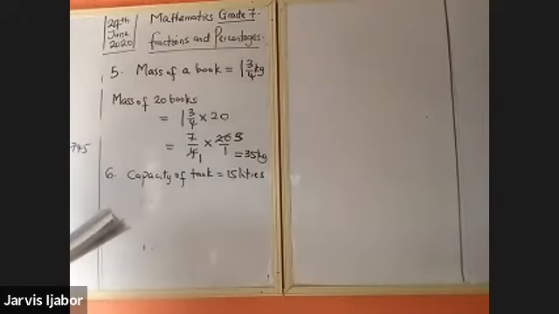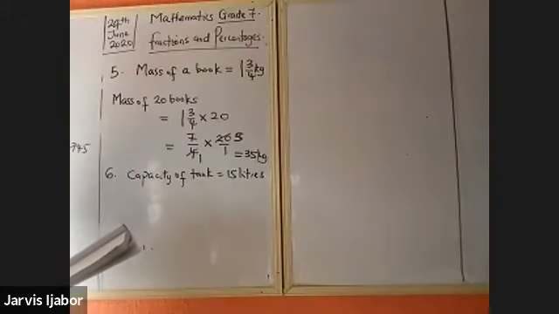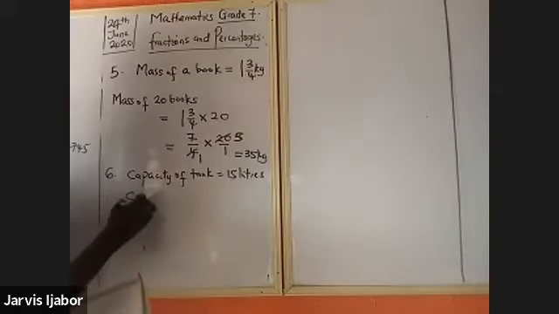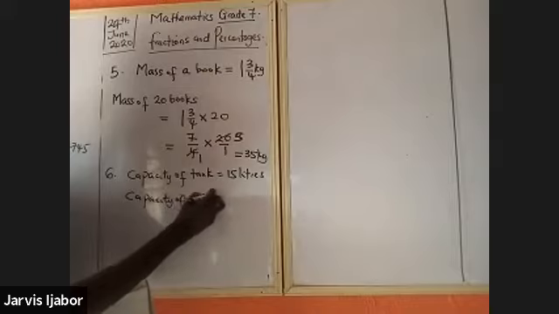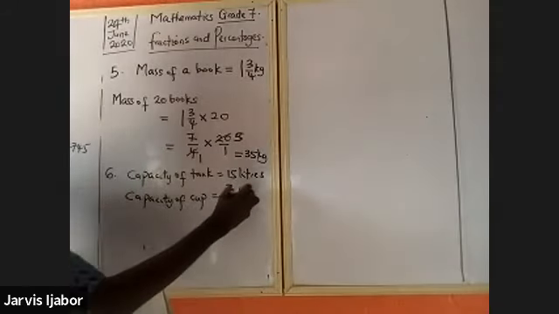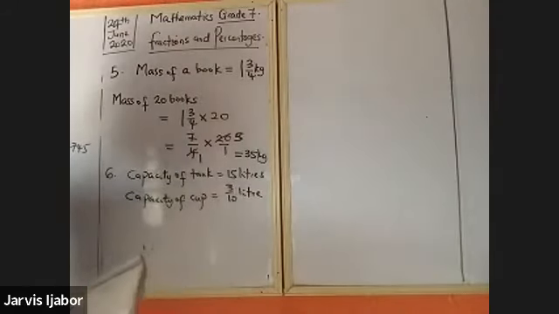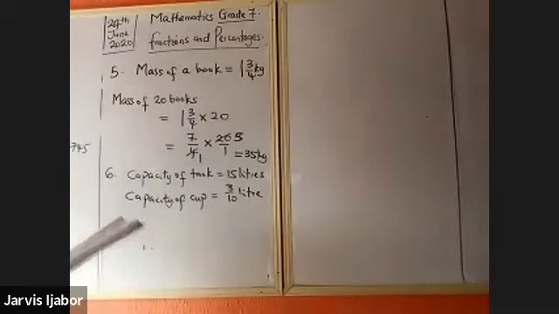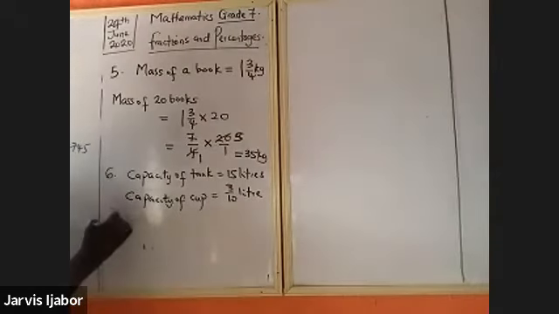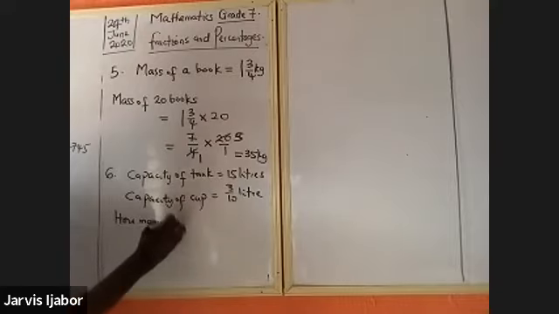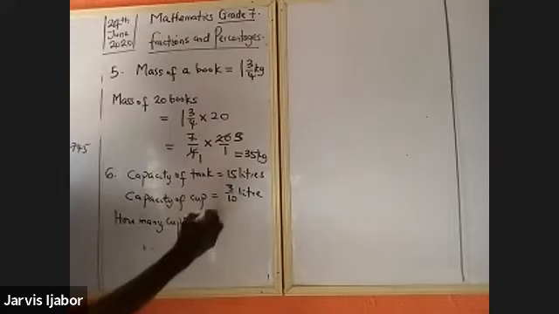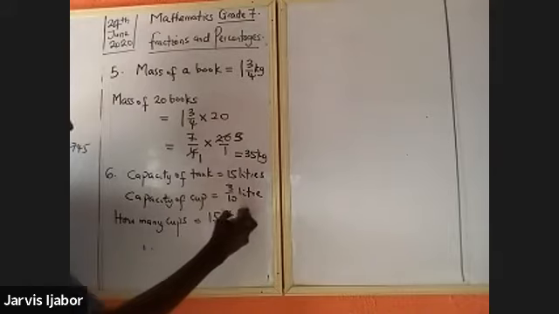Now, the capacity of a cup is 3 over 10. So, how many cups will simply be equal to 15 divided by 3 over 10?